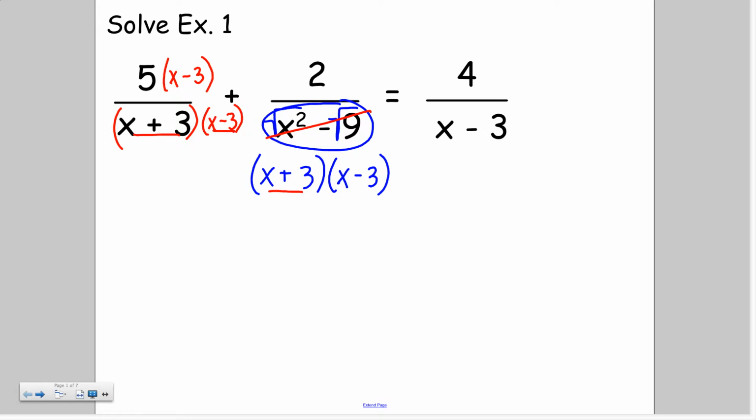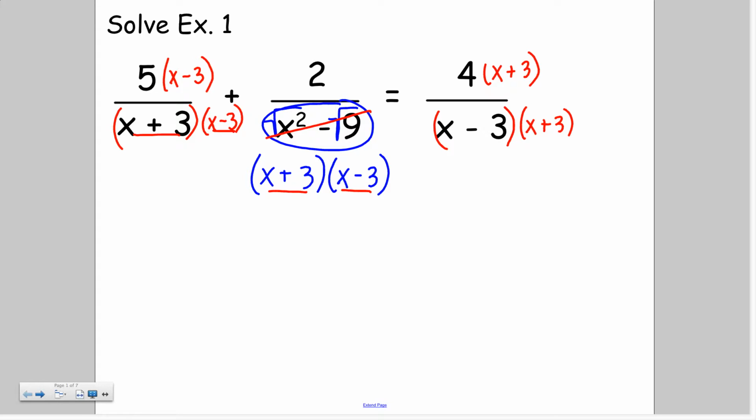Your second denominator has x plus 3 and x minus 3. If you look at your last denominator, it has the x minus 3. It needs the x plus 3. What you do to the bottom, you have to do to the top. So double check, every denominator should have x plus 3 and x minus 3.